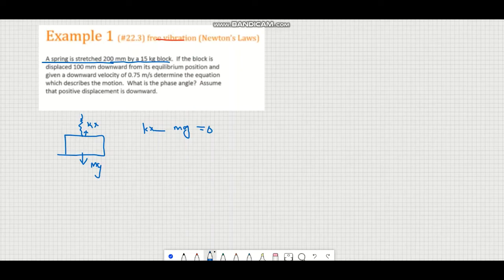And what is known here, x is known because it's stretched 200 millimeters. Mass is given, 15 kilogram, and gravitational force is constant, so we can find k, which is the spring constant, from mg over x.